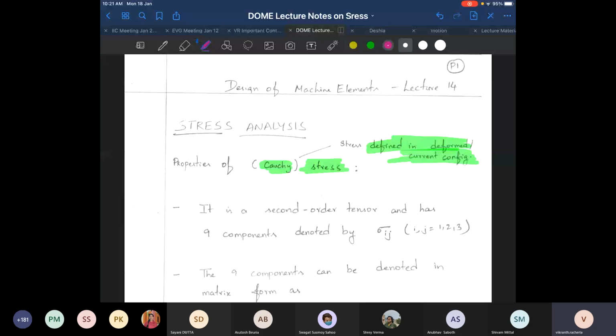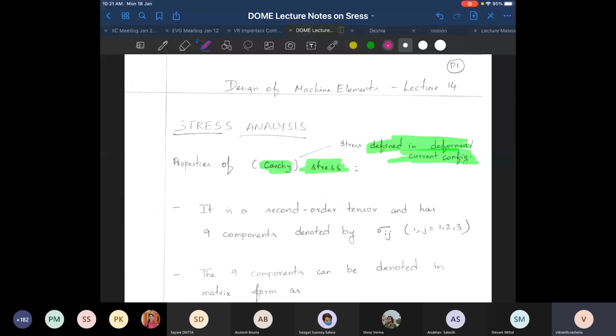Quantities like force, velocity, acceleration are vectors, or tensors of rank 1. They have a magnitude and a direction associated with them. Stress, particularly Cauchy stress, is a tensor of rank 2, or a second order tensor.